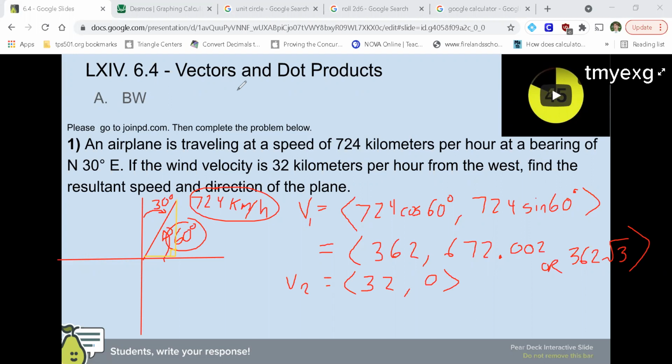It goes 32 to the right and 0 up or down. And then all we're going to do is add these two vectors together. Once we have a component form, we're going to find its magnitude and direction. So the resulting vector will be the two added together, or 394 and 362 square roots of 3.